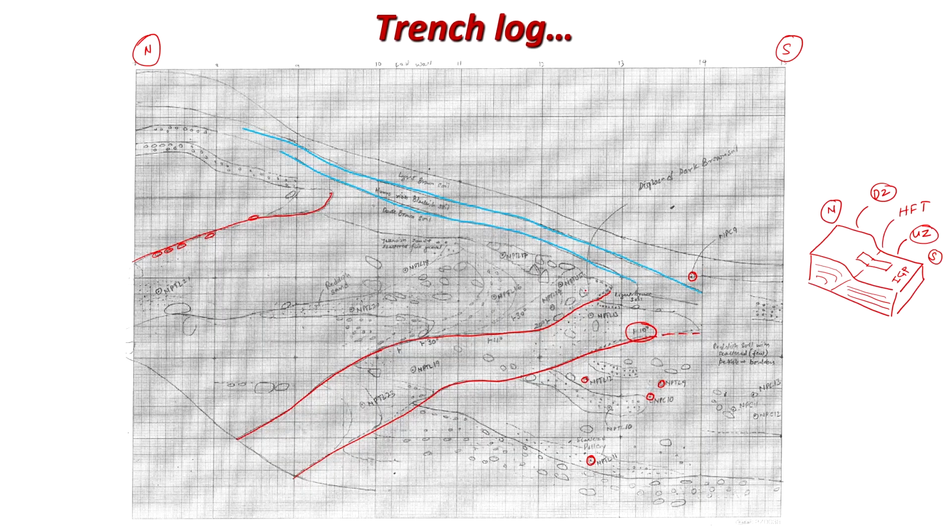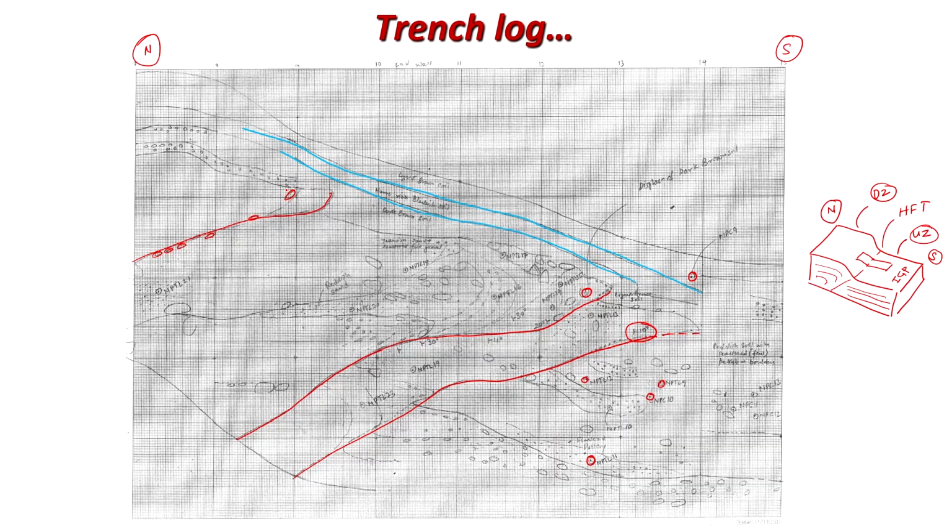From each and every layer we collected a sample, but this was decided after we understood the deformation pattern. Other than that, a few parts have been highlighted here, like shear fabric, and elongated pebbles aligned with the fault plane.